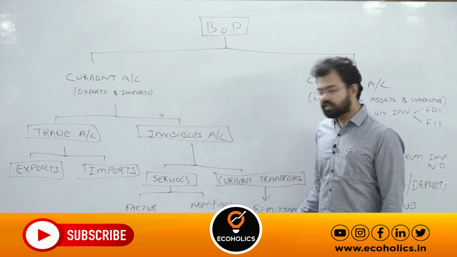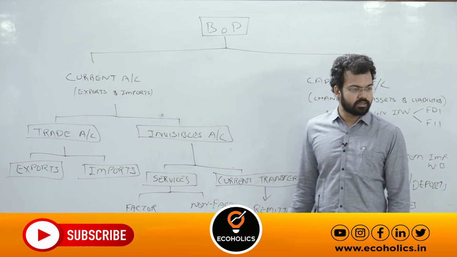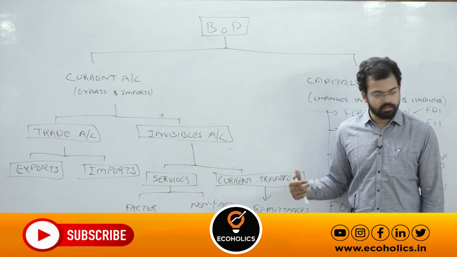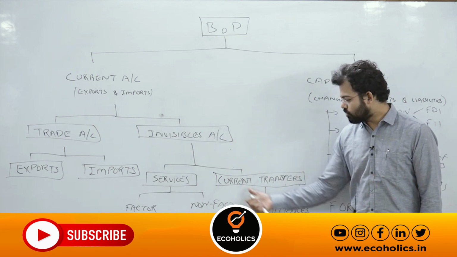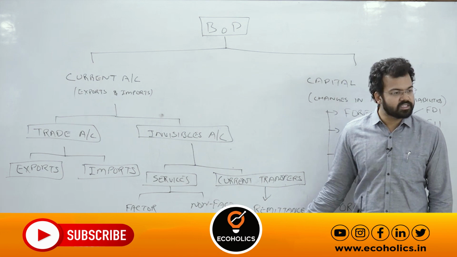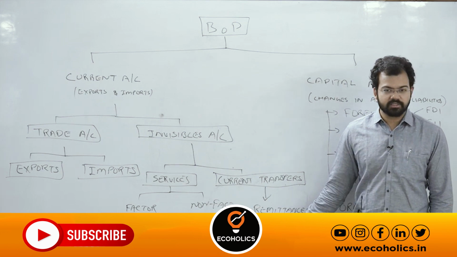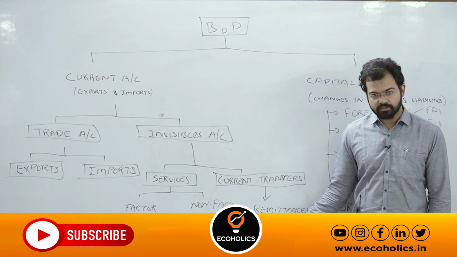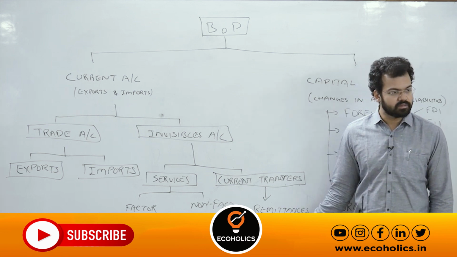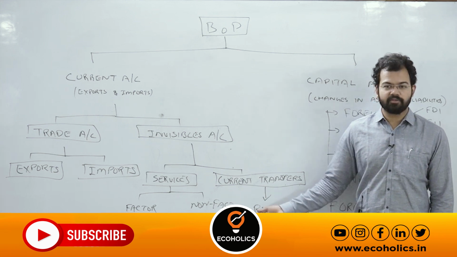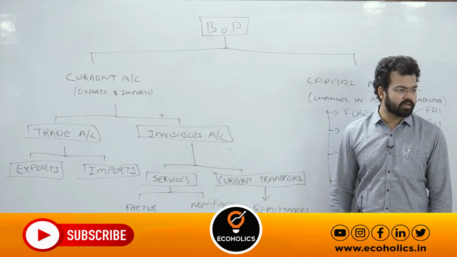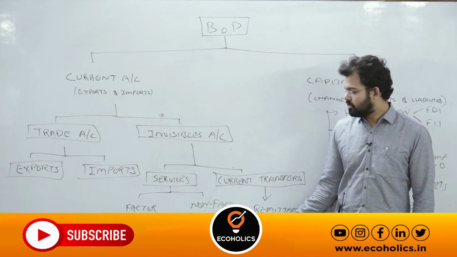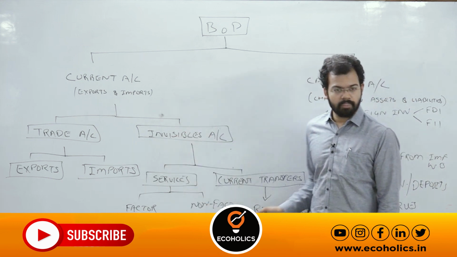If I'm receiving remittances, suppose one of my friends living in the Middle East is sending some money to me, I'm receiving remittances. So it is a current transfer. I'm not doing anything for this. I'm not providing any services, any work, I'm not producing any goods, but I'm receiving remittances just because he's my friend or one of my family members working abroad. So this will come under remittances. So these all are invisibles.